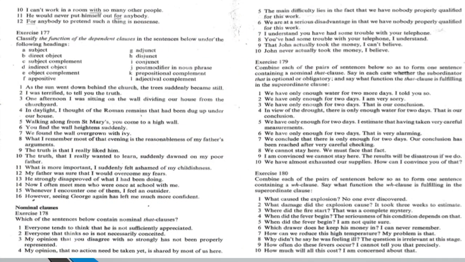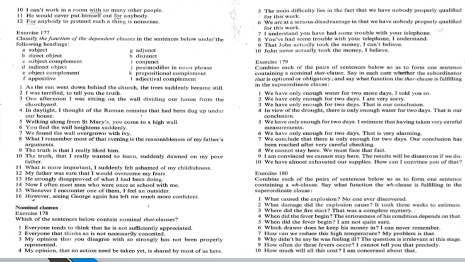Now I ask you to do the exercises and check your understanding of what I have explained. You have at the bottom on the left here exercise 178. Which of the sentences below contain nominal that clauses?